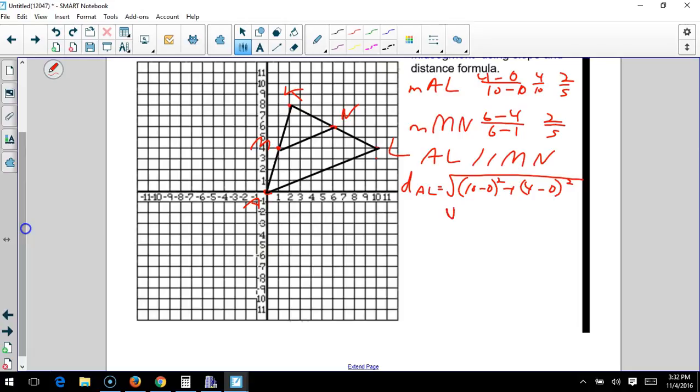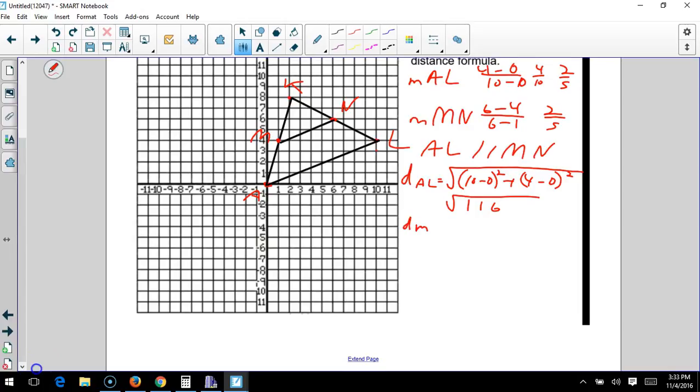So the distance is 10 minus 0 is 10, which is 100, plus 16, which is 116. AL is the square root of 116.